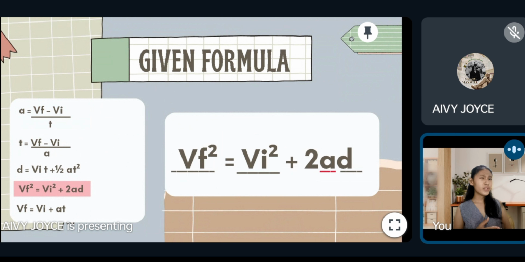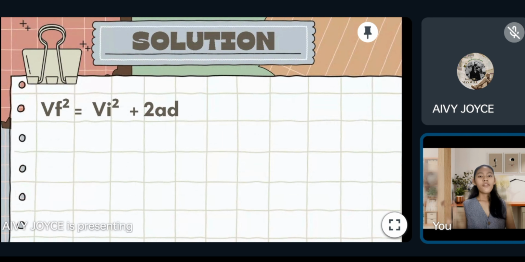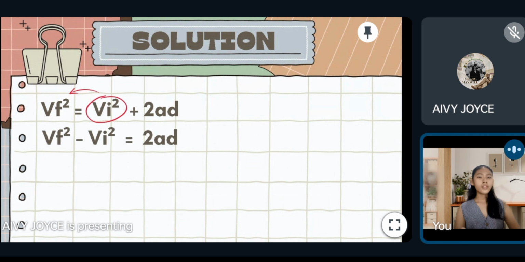So how are we going to use this and solve it? Let us solve it together. Final velocity squared is equal to initial velocity squared plus 2ad. As you can see, this initial velocity, we're going to transpose beside the final velocity. When transposing, we're going to change the sign of a unit or a number.